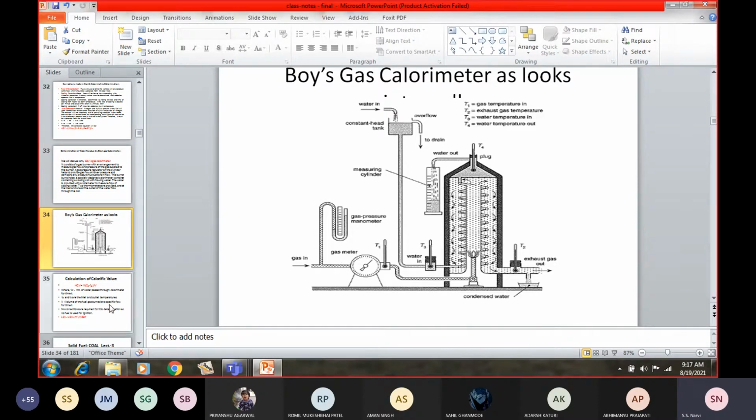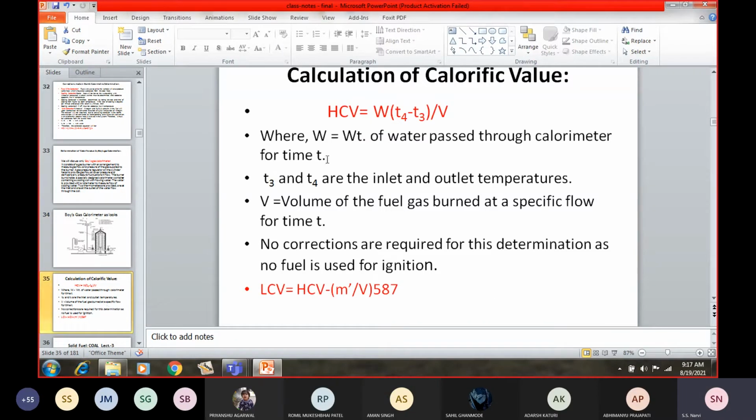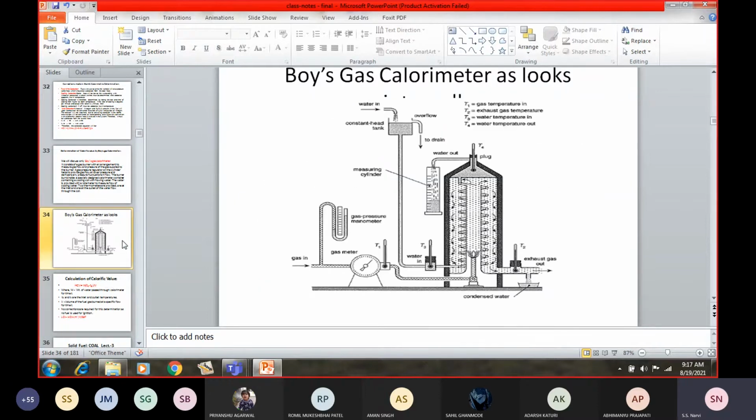So again, the equation is W multiplied by T4 minus T3 divided by V. What is V? V is the volume of gas which has been burnt in a limited time period, because we are doing this experiment for 3 to 4 minutes, maximum 5 minutes.